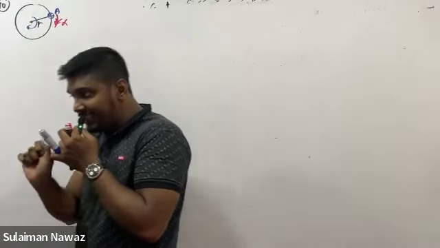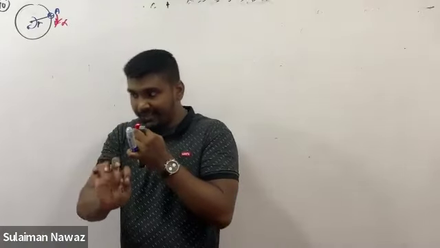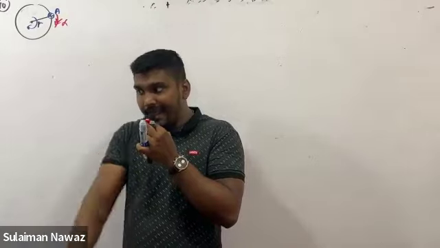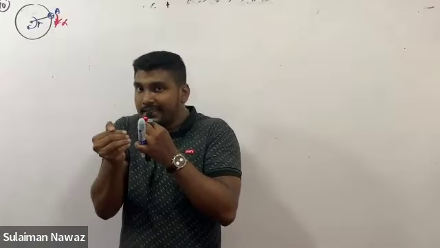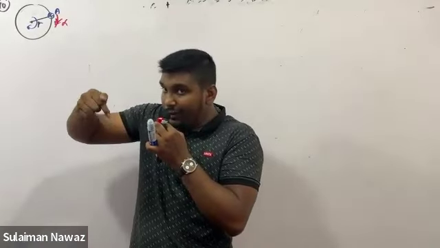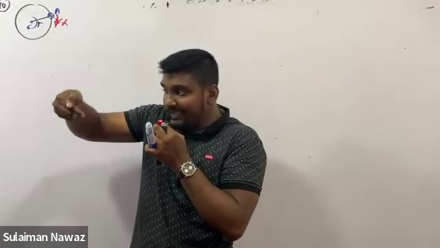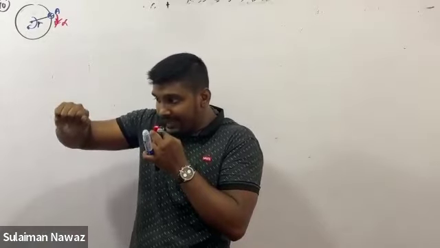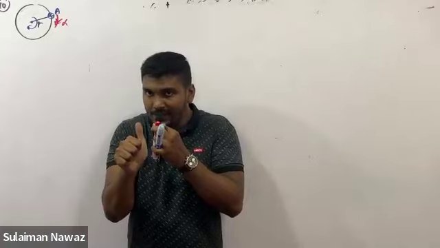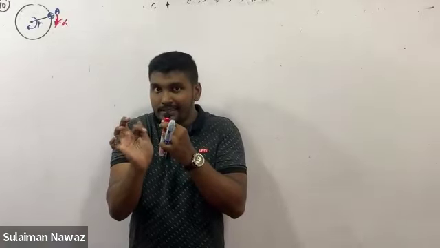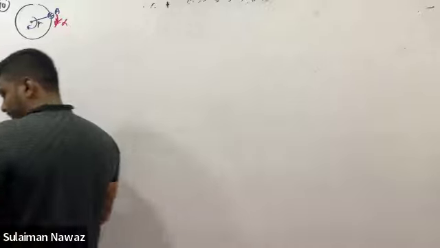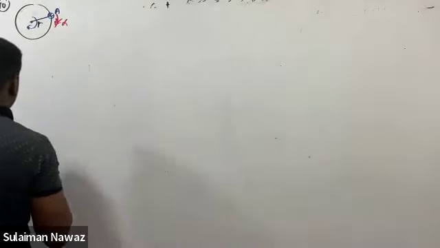Initially the disk is at rest. After 1 over root 2 seconds, find the angular velocity, because the disk is under angular acceleration. Little by little its rotational speed is increasing. So omega naught, the initial angular velocity, is 0. Alpha, angular acceleration, is 2. I want to find omega. Omega equals omega naught plus alpha t.